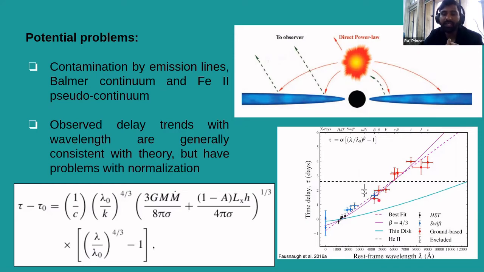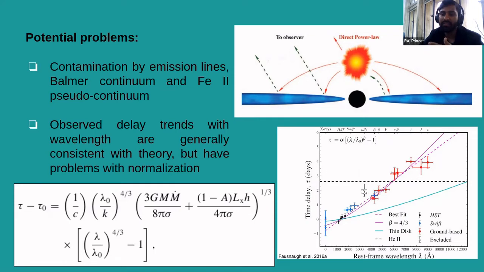And the other issue is, at around 3000 angstrom, we see some kind of jump, and this jump is speculated to be contamination from the emission line. So in the continuum time delay, we see the trend which is following this lambda^(4/3), and these time delays are very small, within 10 days or so, and the emission line time delays are higher, which is showing the jump here.